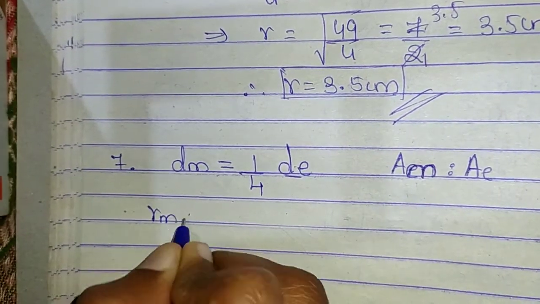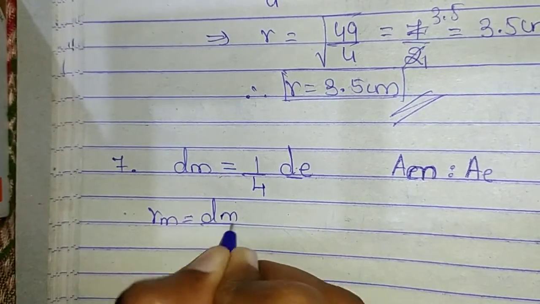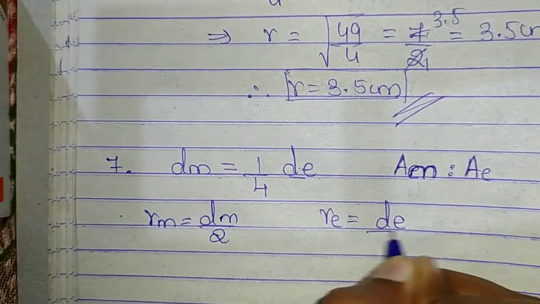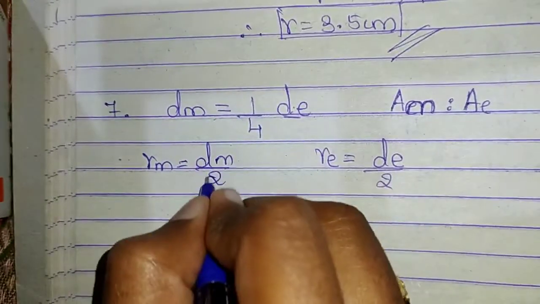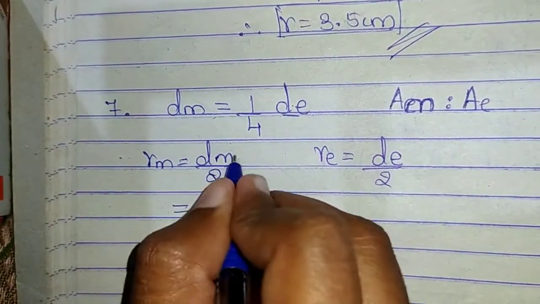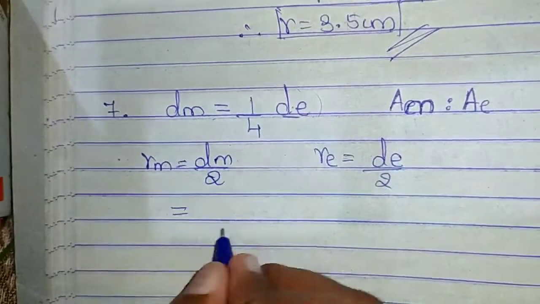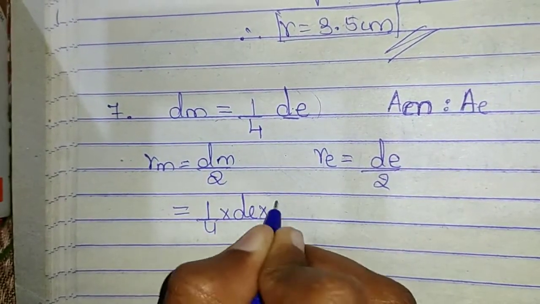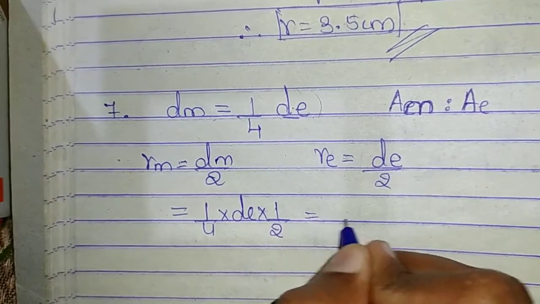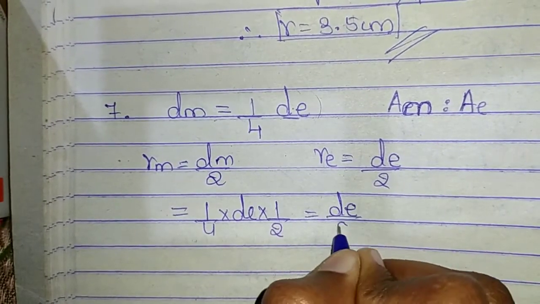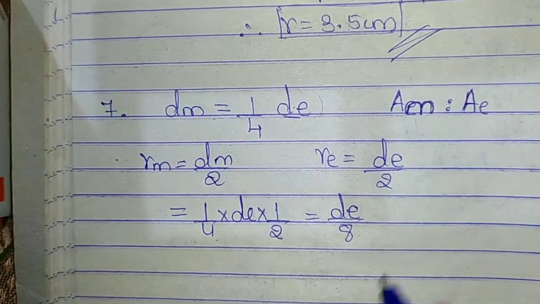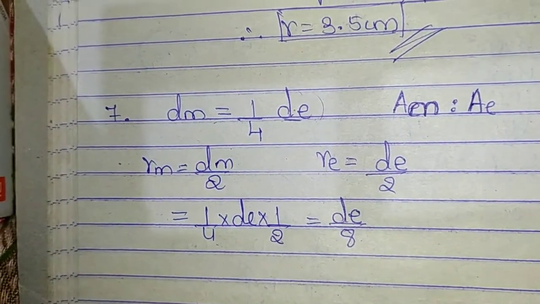Radius of moon is diameter of moon by 2, which is 1/4 into DE into 1/2, equal to DE by 8. Radius of earth is DE by 2.